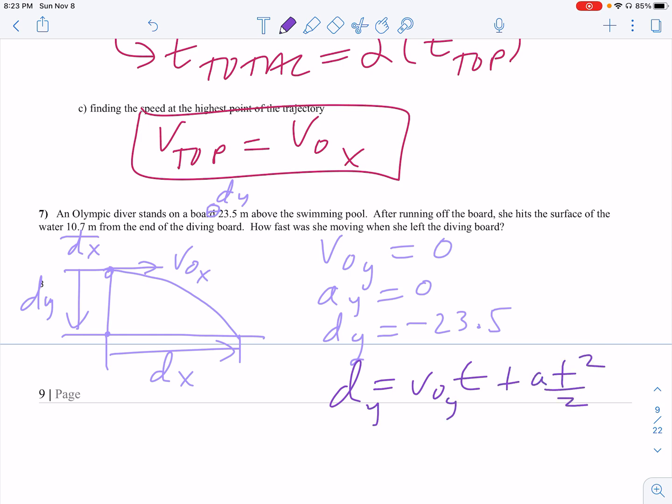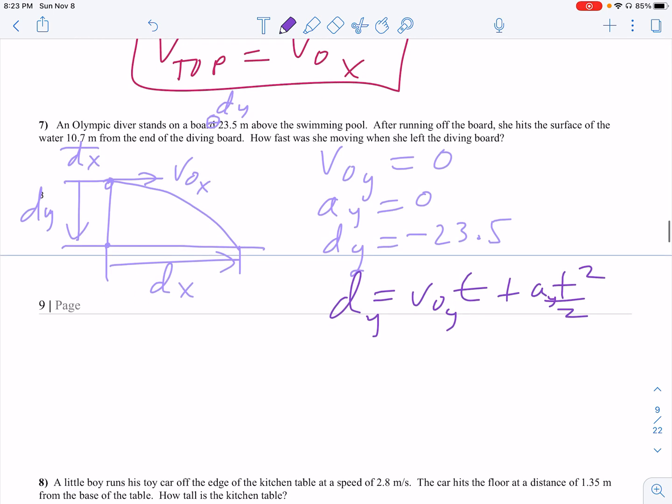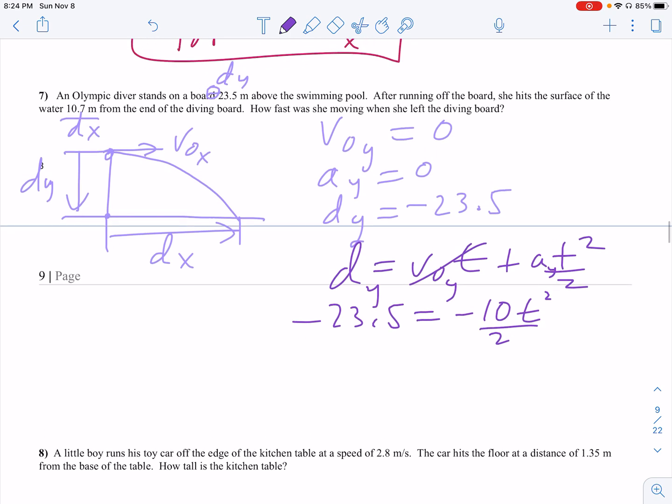I'm just using the y's. Don't mix up the y's and the x's. Be sure you don't do that. So negative 23.5 is equal to, cuts that out because VOY is 0, negative 10 times t squared over 2. So that's negative 5. So divide both sides by negative 5. T squared equals negative 23.5 divided by negative 5. The negatives cancel out.